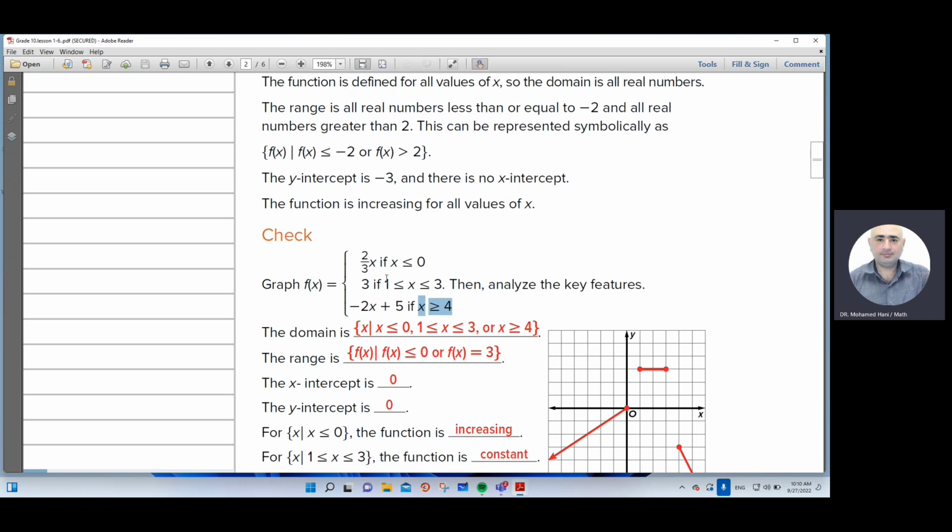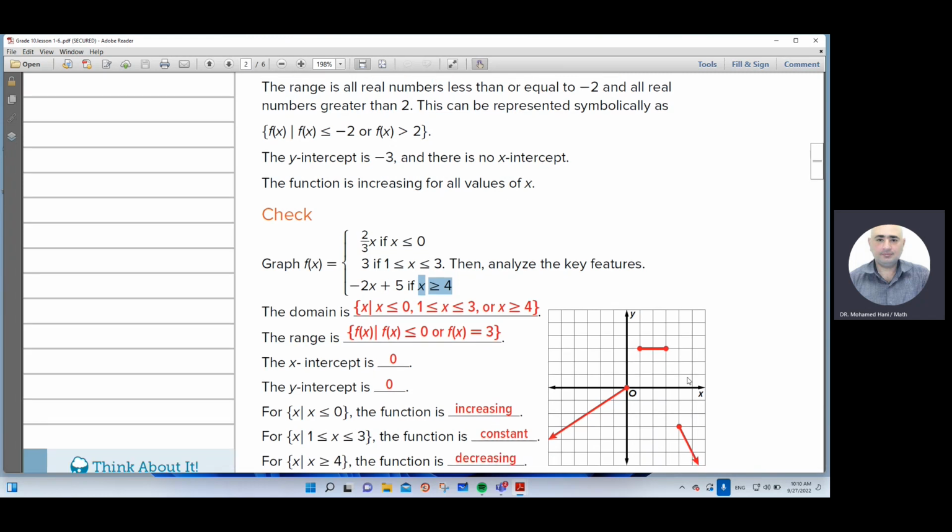And the range from where? From the graph. After you graph the function here, as you see, we have f(x) less than or equal 0, or f(x) equal 3. And the x-intercept 0.